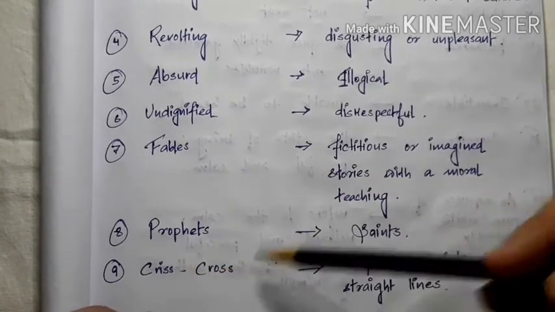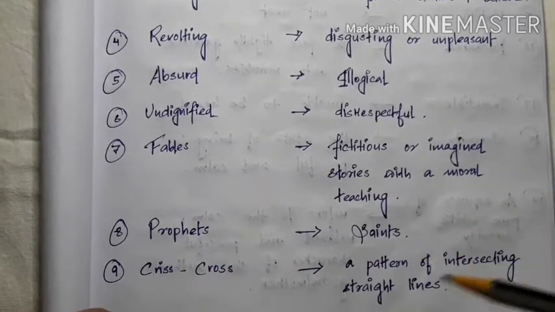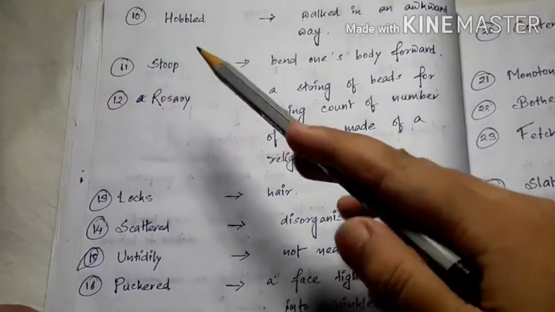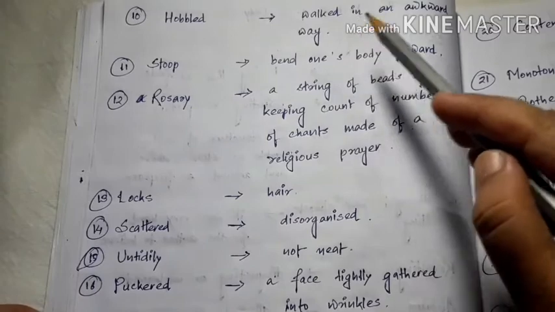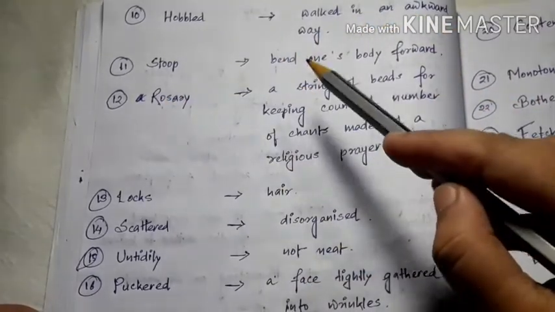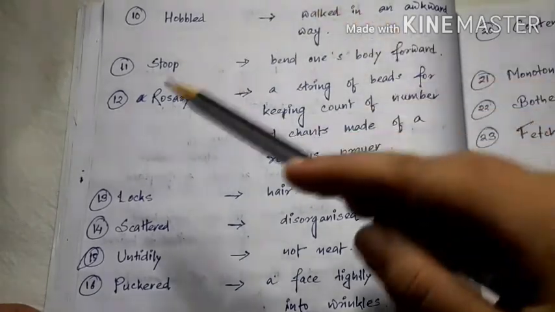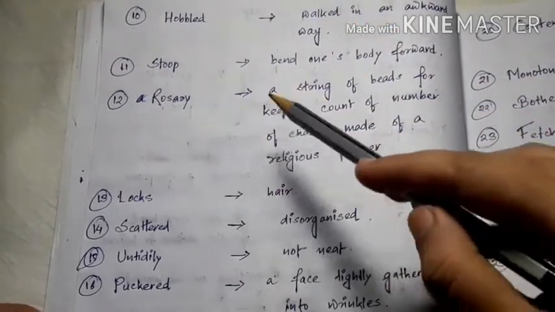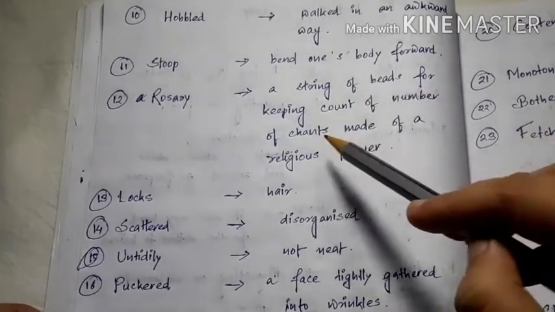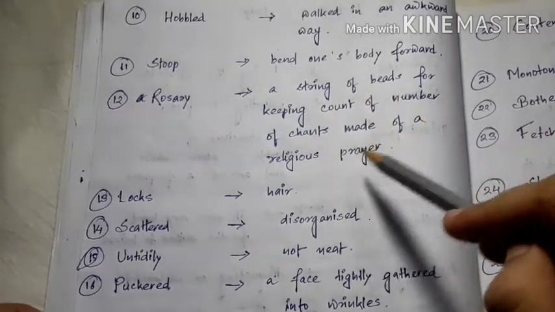Number 9, crisscross, meaning a pattern of intersecting straight lines. Number 10, hobbled, meaning walked in an awkward way. Number 11, stoop, meaning bend one's body forward. Number 12, rosary, meaning a string of beads for keeping count of the number of chants made of a religious prayer.